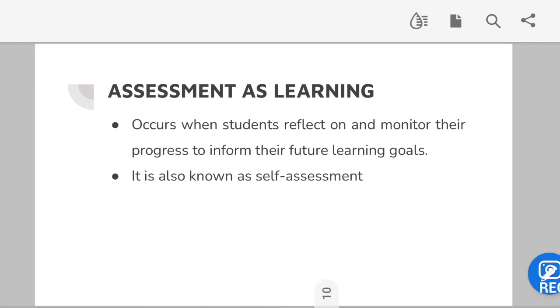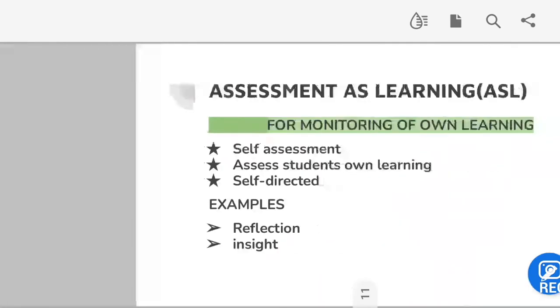For example, if I want to become a doctor, I have to work hard to reach the goal. That is self assessment, the development and support of metacognitive skills for lifelong learning. That is known as assessment as learning, which is nothing but self assessment.